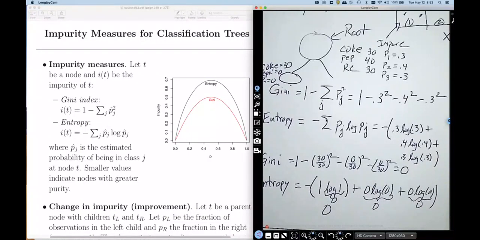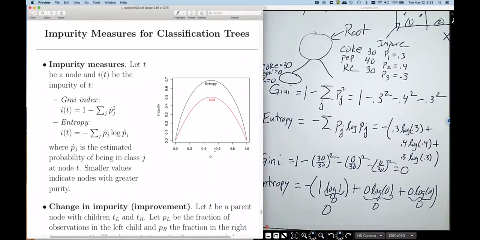Just for illustration purposes, the plot over here shows the situation where I only have two classes. So maybe I only have Coke and Pepsi. And let's say P1 is the probability you choose Coke. So then 1 minus P1 would be the probability that you choose Pepsi.